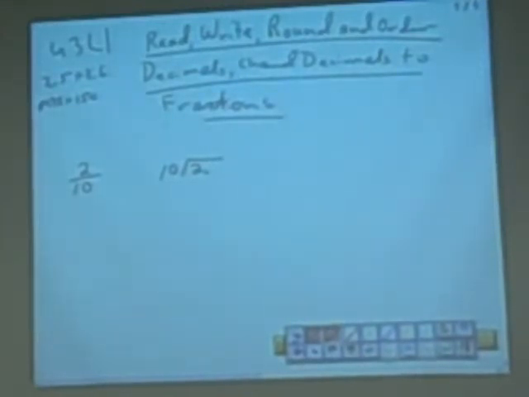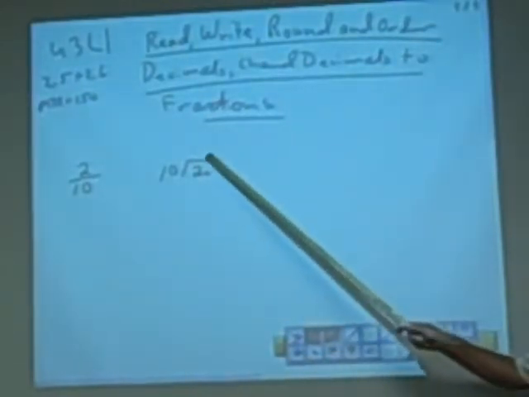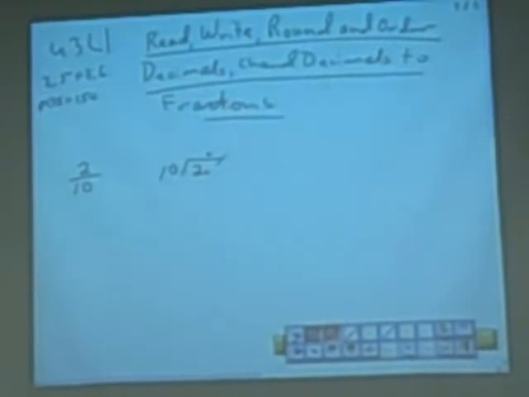We can't divide 10 into 2, but we can put a decimal point after it. Wherever we put a decimal point for division, we have to put a decimal point up in the quotient. After the decimal point, we can add zeros from here to forever, and it's still just 2. Well, we just need 1 zero.